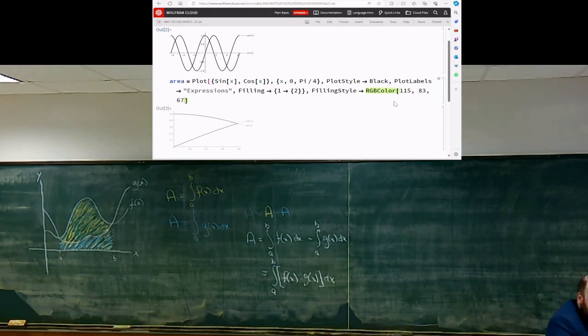Now, with Mathematica, they want it as decimals, so each entry should be a value between 0 and 1. So how do I adjust this? Well, if you're familiar with the RGB coloring schema, it goes between 0 and 256.